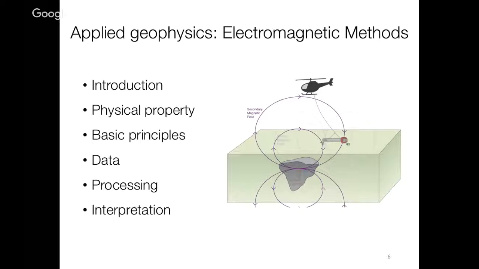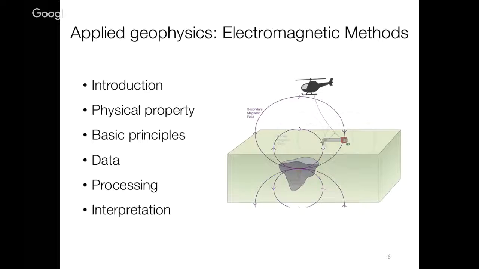So what we're going to do is something called electromagnetic surveys. I'm going to take you through the same basic procedures, but I wanted to step through the fundamental aspects to show what the technique is. What you're seeing up here is a helicopter, and it's towing what's called a bird. In that bird, there is a transmitter, and there's also a receiver.